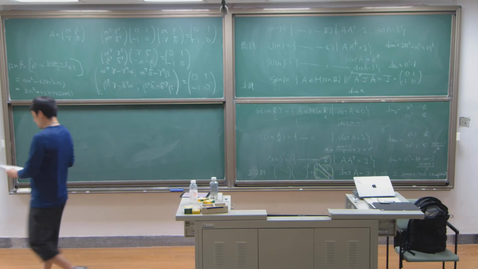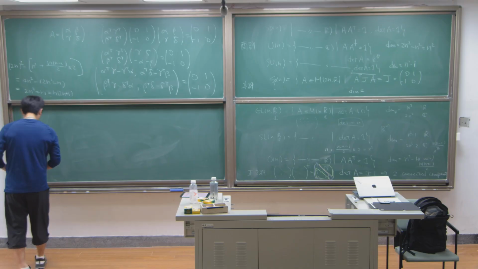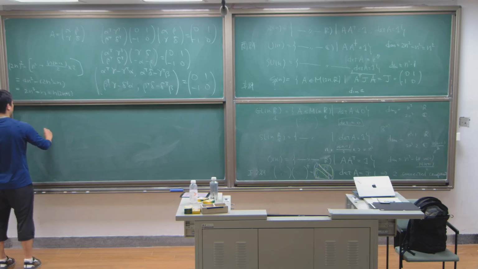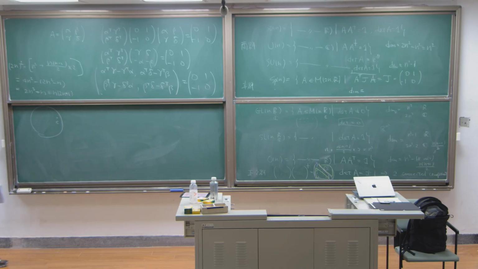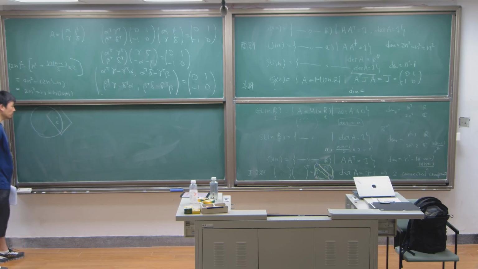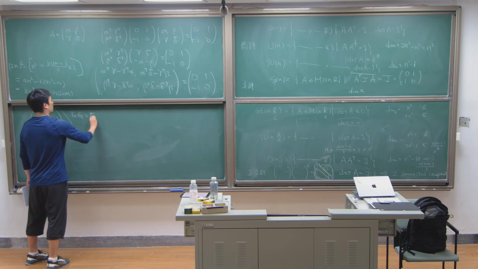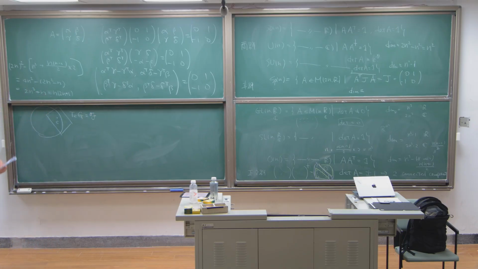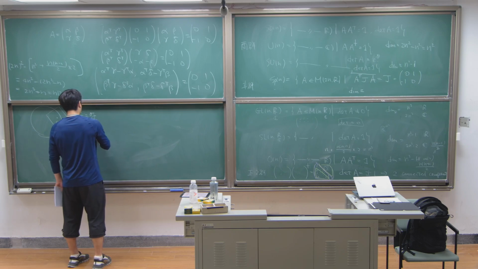Now, this is the Lie group, so it's a manifold. It's a manifold, but there's an identity element, and you can consider the tangent space at the identity element, which is the Lie algebra g. And g is a vector space.